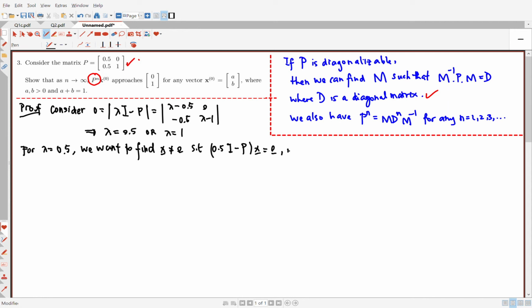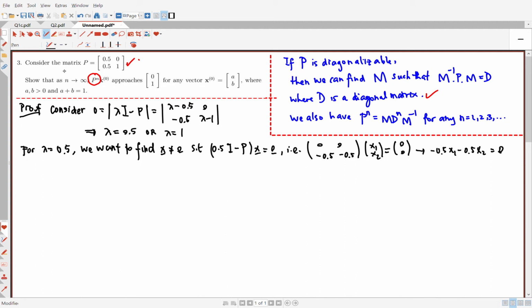In other words, it's just the matrix 0, 0; minus 0.5, minus 0.5 times x1, x2 equal to 0, 0. But this is just minus 0.5 x1 minus 0.5 x2 is equal to 0.